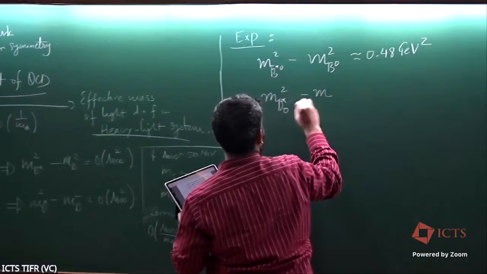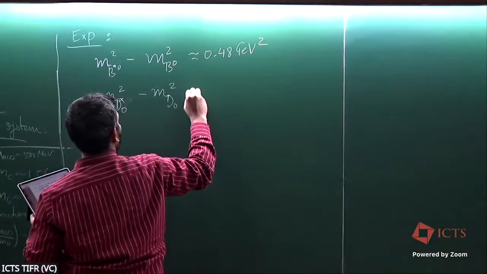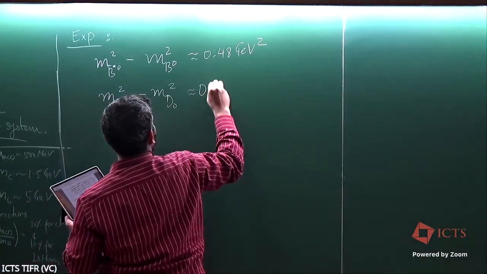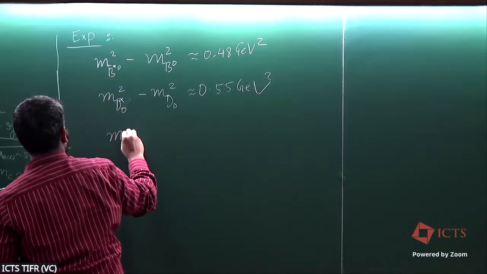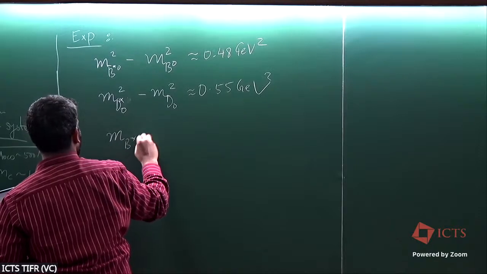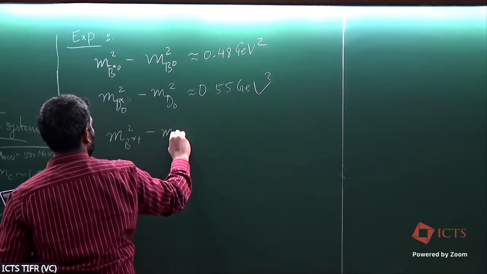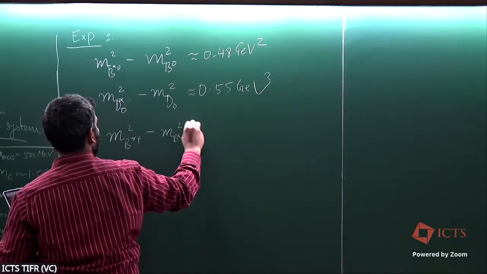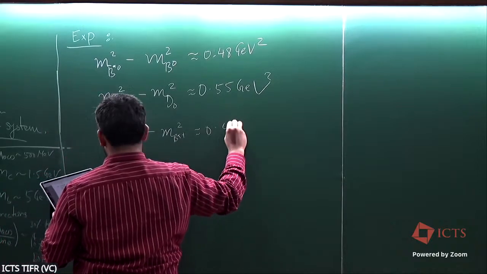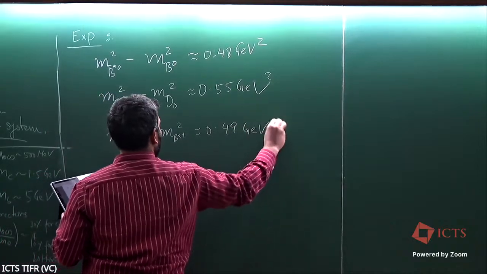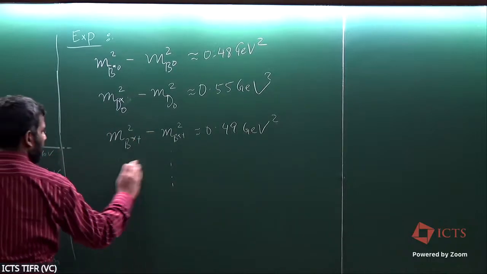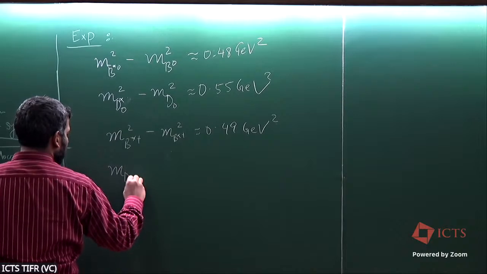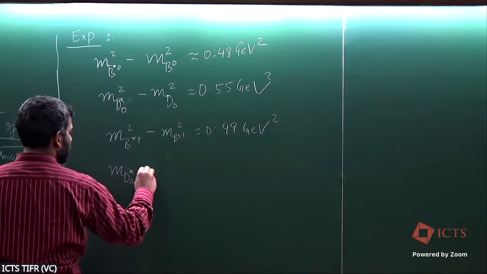MD star 0 square minus MD 0 square is roughly 0.55 GeV square. Then you can write also the analogous relation with MB star plus square minus B plus square is roughly 0.49, and so on. And just one for the strange meson.